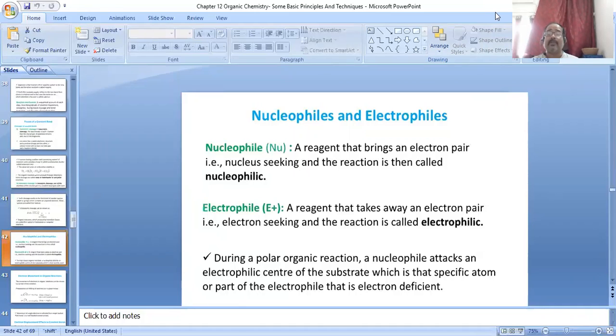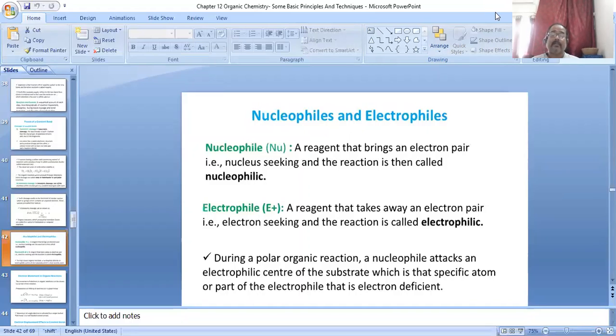And this word nucleophile is made of nucleus and phile. So nucleus means, you know, the central part of an atom, and philic means loving. That means a substance that loves the nucleus.